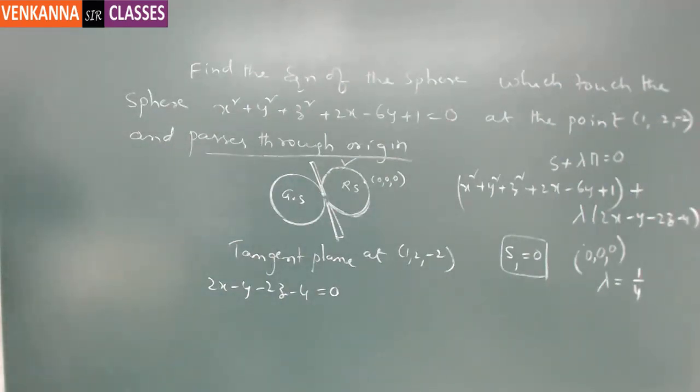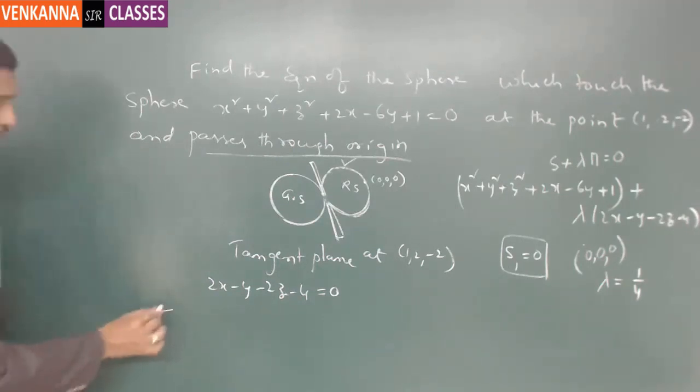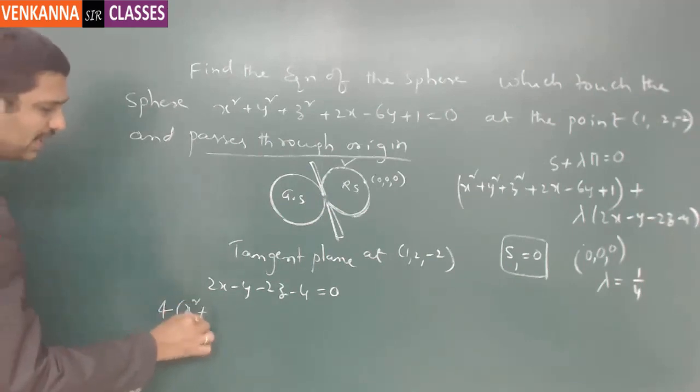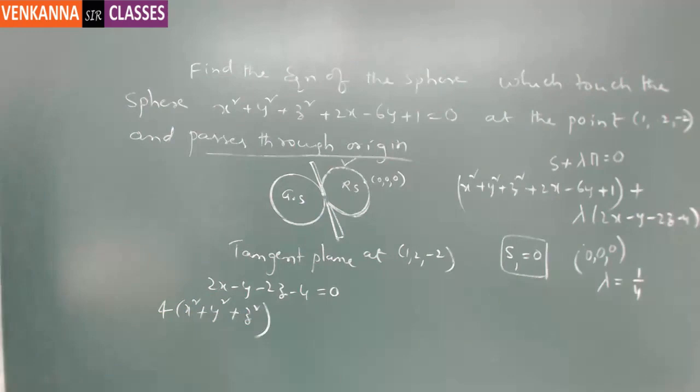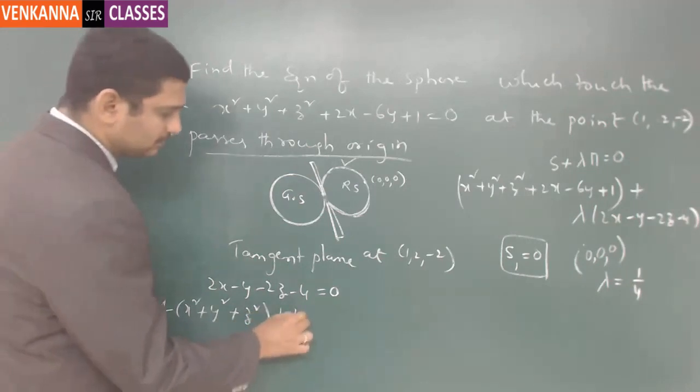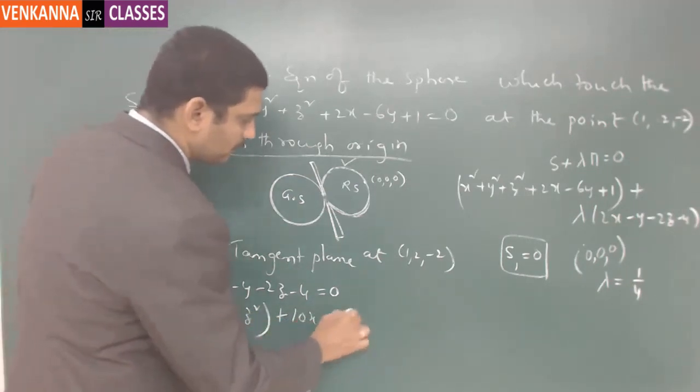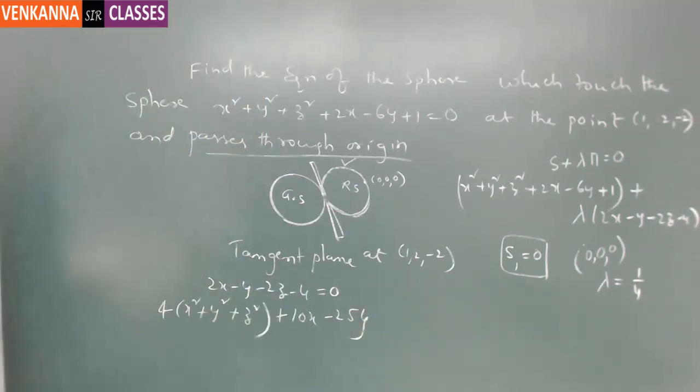Hence, substituting the lambda value, the required sphere equation is nothing but 4 into x square plus y square plus z square plus 10x minus 25y minus 2z equal to 0.